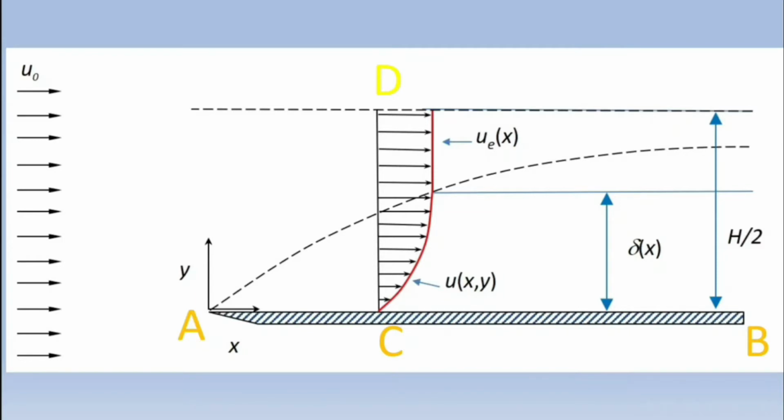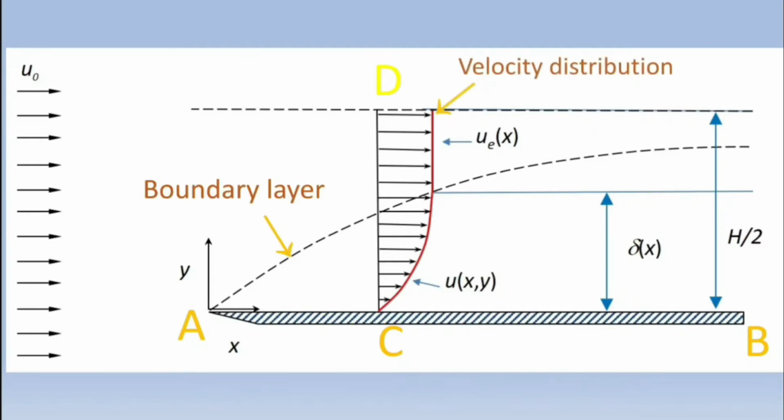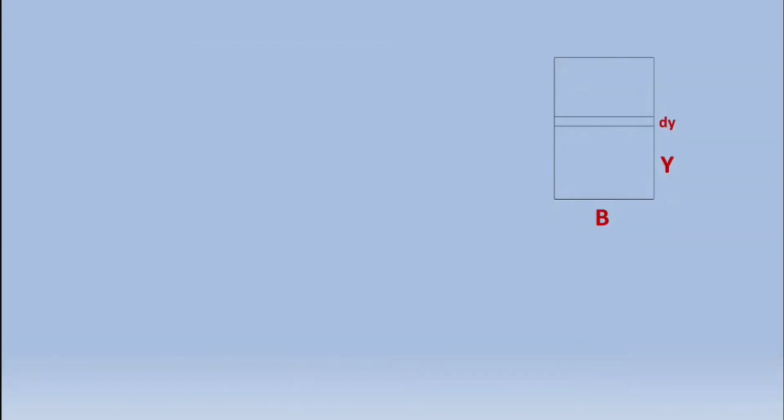At the boundary layer edge the velocity is equal to 0.99 times the free stream velocity. This is the boundary layer formation. This is the velocity distribution. The velocity is parabolic. The velocity at C is 0 and increases parabolically.